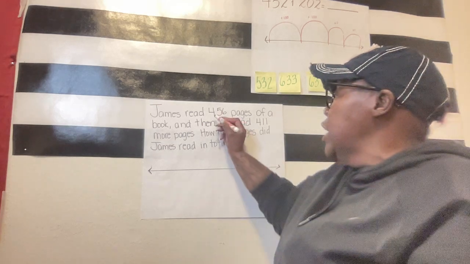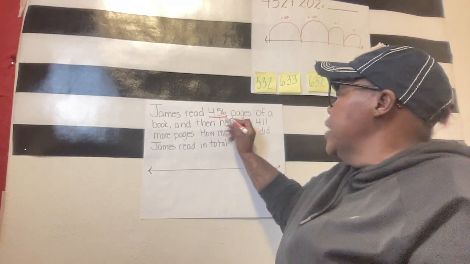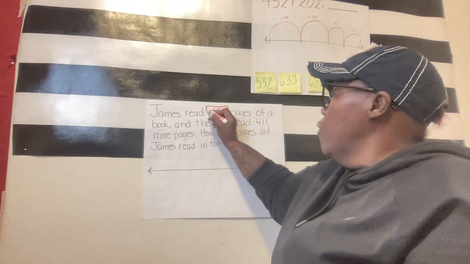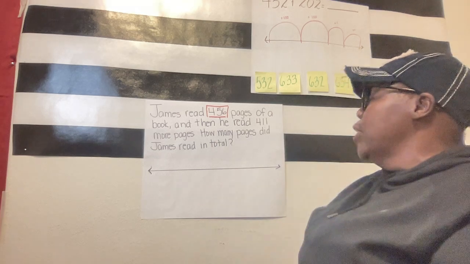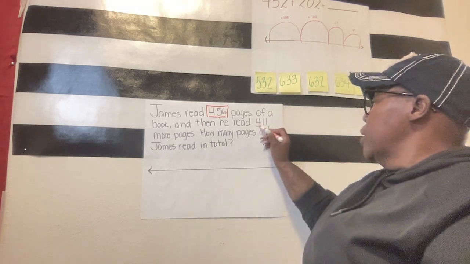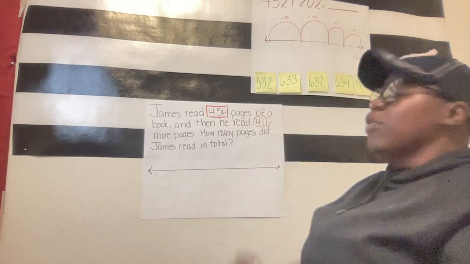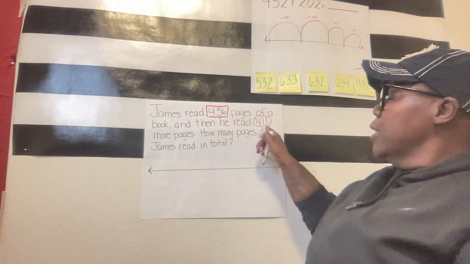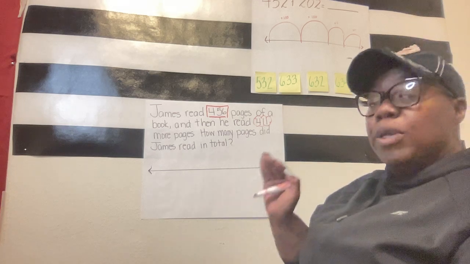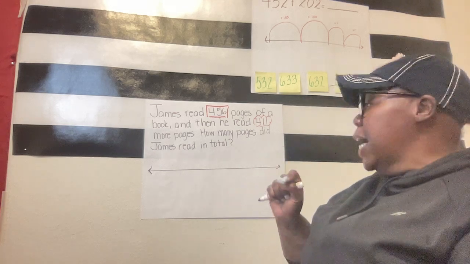So what are the numbers that we're adding? Well, James started out, he read 456 pages. Then James read 411 more pages. Okay. When you look at the two numbers, remember you start an open number line with the largest add-in.